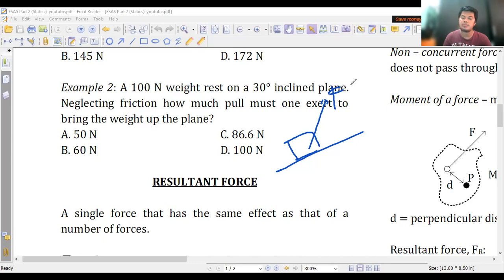Assuming the force exerted is 200 Newton, for example, it doesn't mean that the 200 Newton force is the effective force that pulls the block up the inclined plane.